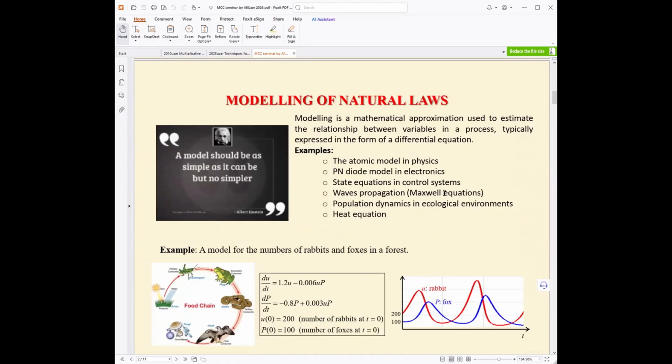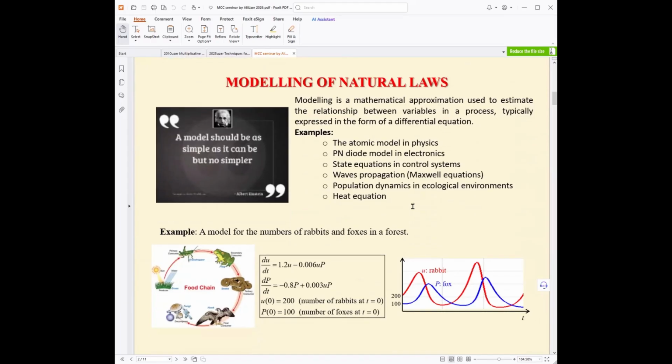In nature, there are some physical laws, chemical laws, biological laws. They are all modeled in some manner, and the issue is to find a differential equation for any natural law.